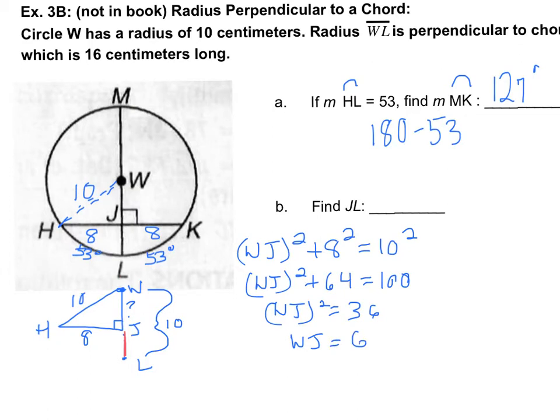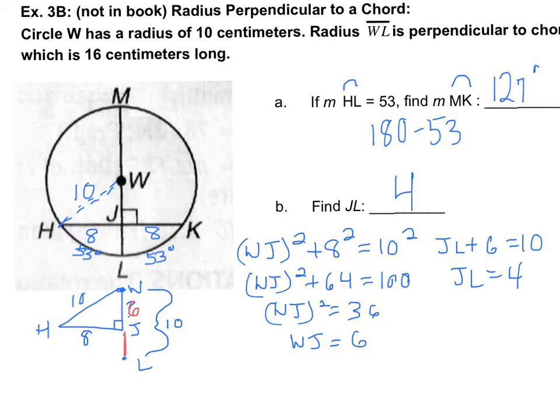So remember, we found that this is 6 here, but what we need is what JL is. So we're going to just do a quick subtraction because JL plus the 6 that we just found equals the full 10 radius. So JL has to be 4.